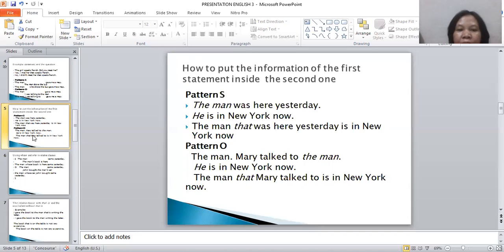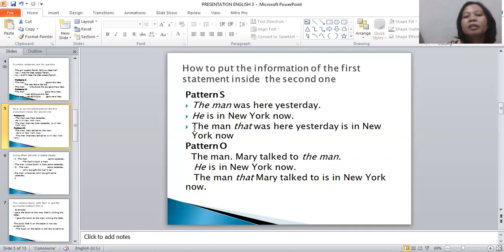For the subject pattern, for example, the man was here yesterday. He is in New York now. The relative clause using that: we have the same subject in these two sentences, the man and he.